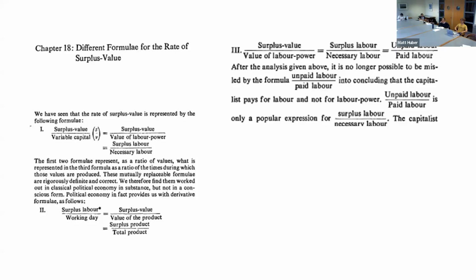So those are, as he said in chapter 9, I think, two different magnitudes, right? The value of labor power is what it takes to reproduce the worker outside the workplace. What the worker gives to the capitalist is a totally different magnitude.